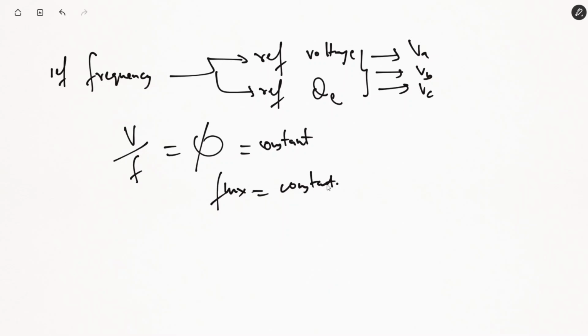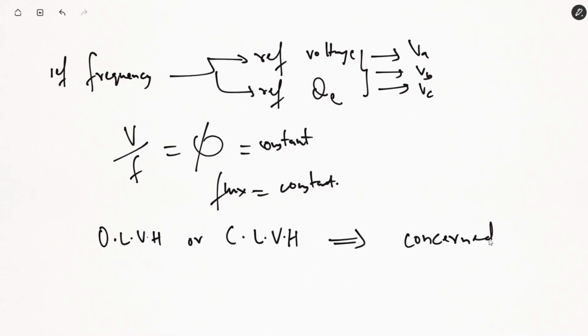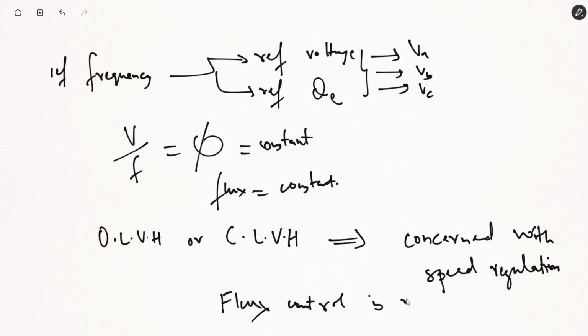In both these cases, the open loop voltage control and the closed loop voltage control that we have studied, we are only concerned with the speed regulation. So flux control is not possible in either of the two cases.